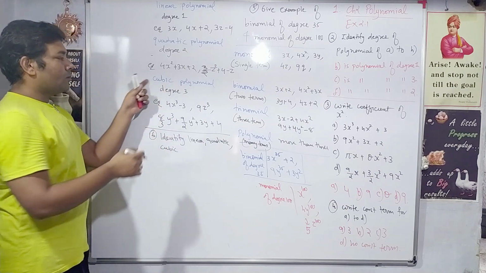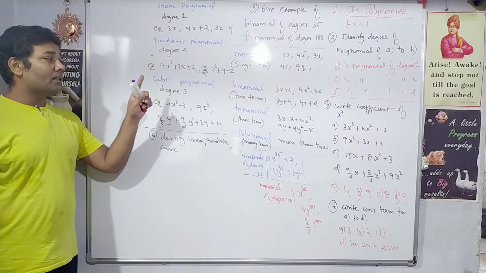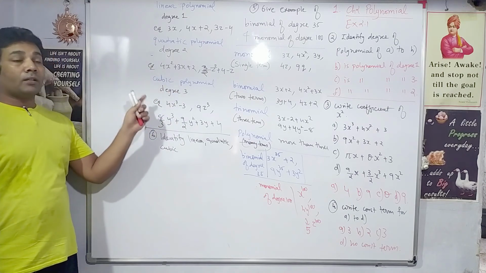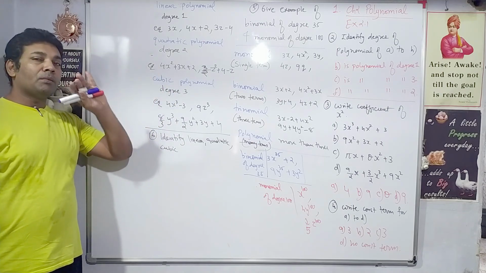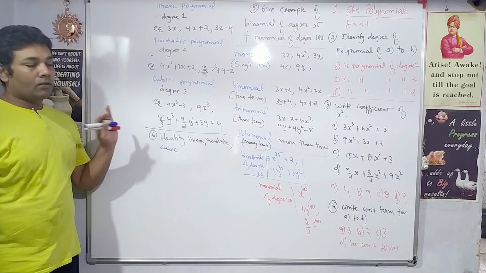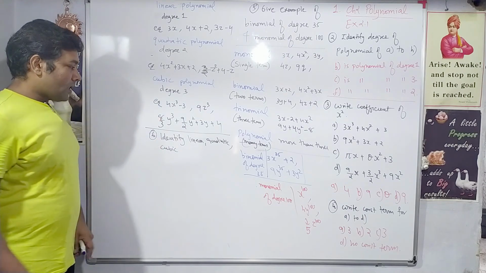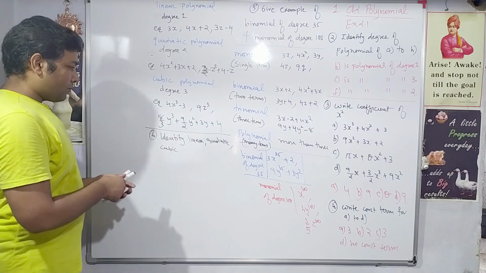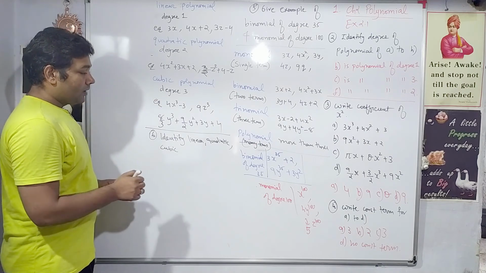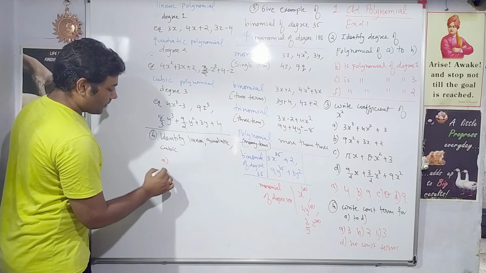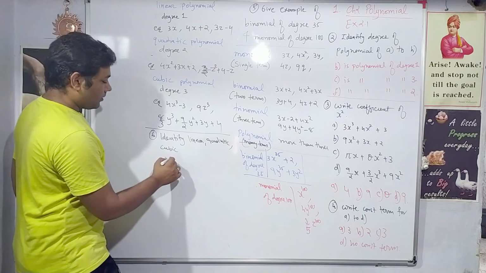After cubic we have biquadratic, in which degree will be 4, but that is not in our syllabus, so we are not discussing it. Now we will be given some options, and from those options we have to identify whether it is linear, cubic, right?